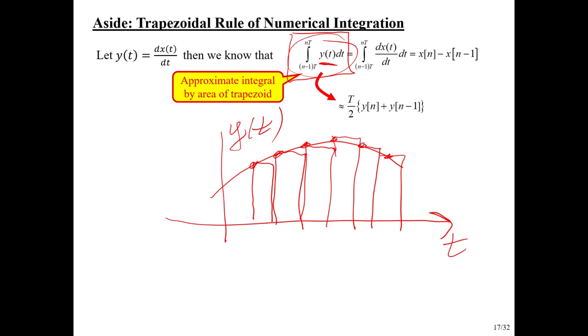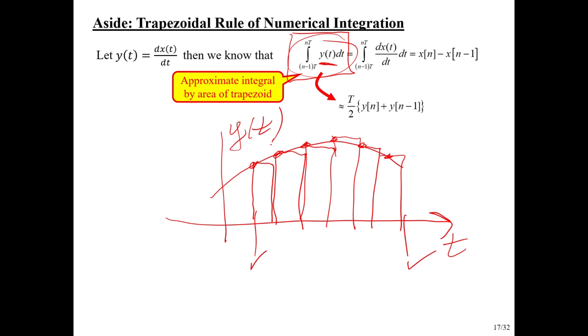You said the sum of the area of all those rectangles was approximately the area underneath the curve from this point to this point.